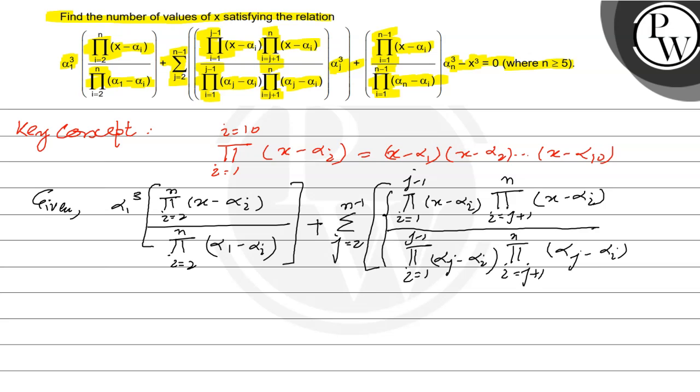And now it is closing here, and times alpha j cube, and then this final bracket.